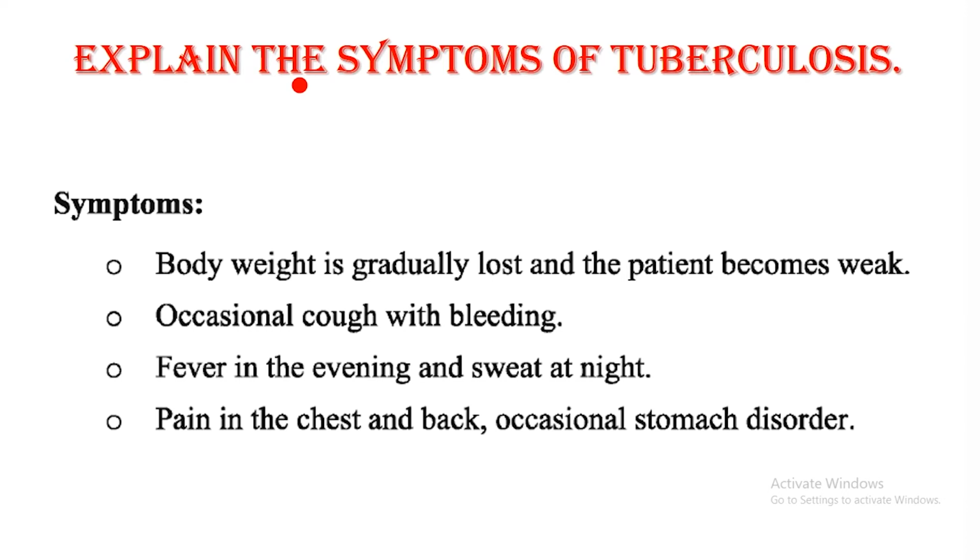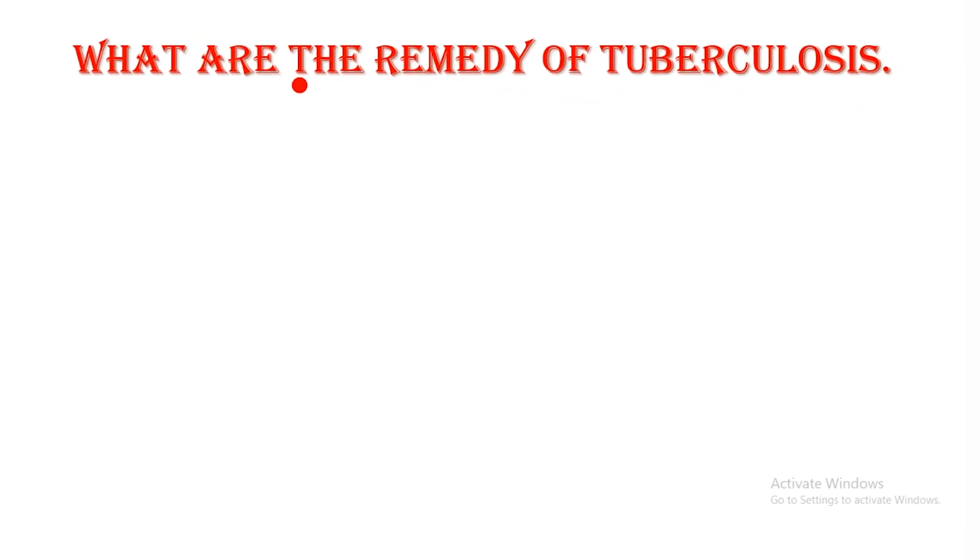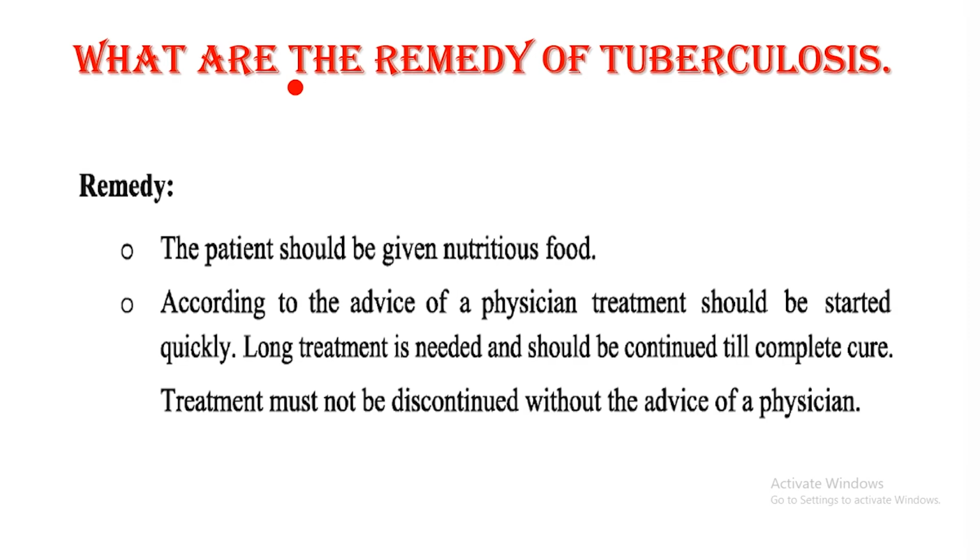So now the next one. What are the remedies of tuberculosis disease? So my dear students, this is the answer. The remedies of tuberculosis disease are: the patient should be given nutritious food.